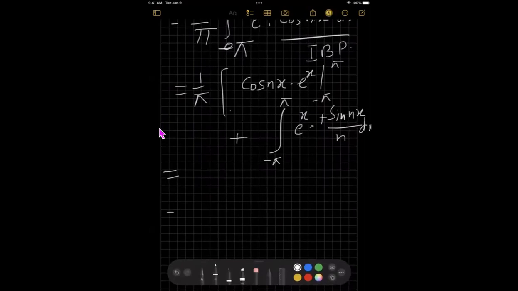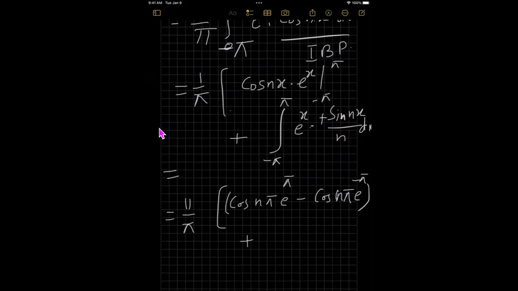So we have 1 over pi. And now we have cos of n pi multiplied by e^pi, minus cos of n minus pi, which is again n pi, fine, e raised to power minus pi. Here we will have plus.